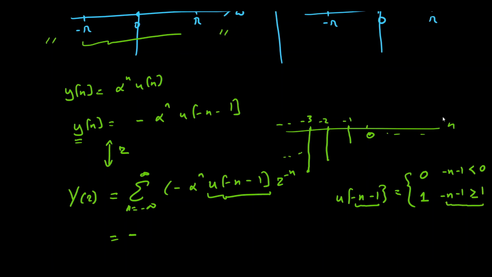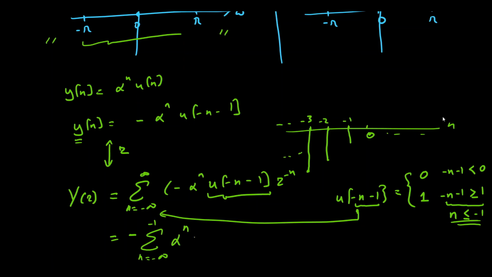So we can rewrite this as simply n is less than or equal to minus 1. Hence u of minus n minus 1 would be subsumed in this summation, and we would have a summation that would start from minus infinity, but now it is limited to minus 1. And we have alpha to the n and z to the minus n.